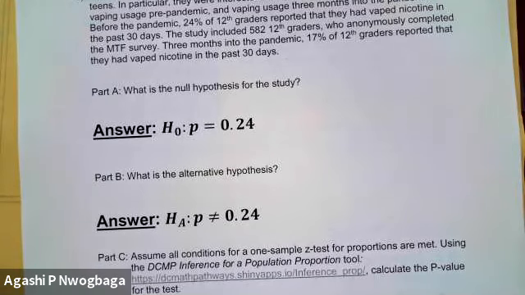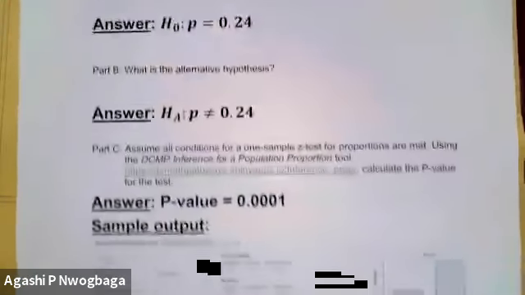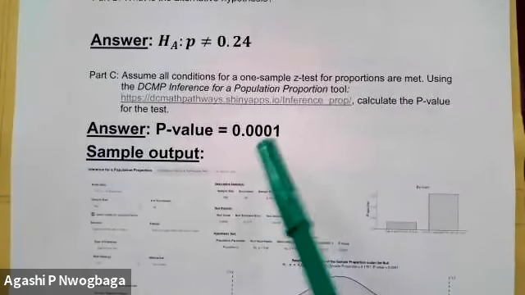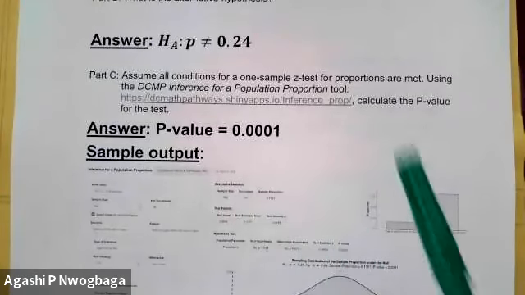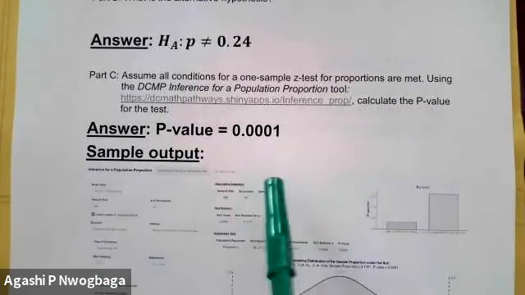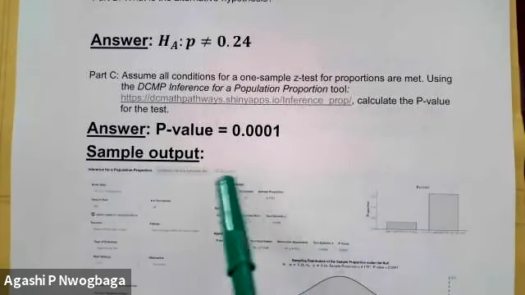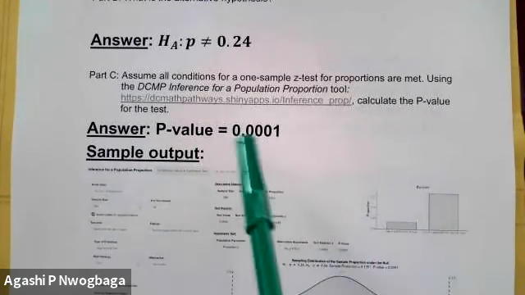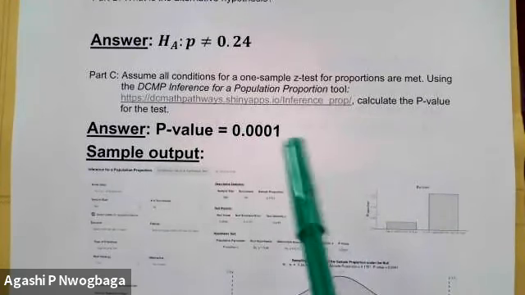So using technology, calculate the p-value for the test. And when we use technology, we see that the p-value is 0.001, almost zero. This is a sample output. It's tiny, but once you enter the data into this, you will see that the p-value written here is 0.001.